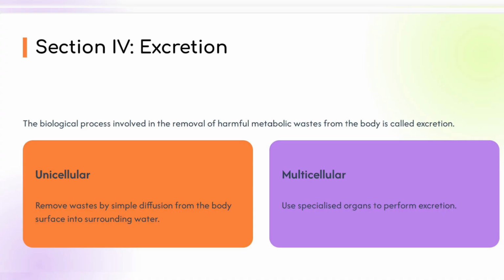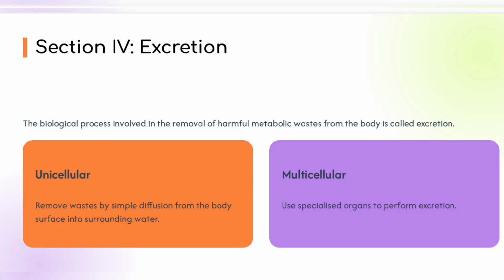And in multicellular organisms, like humans, special organs are needed for excretion because the body is large and complex. The main waste product in humans is urea, which is formed from the breakdown of proteins. If these wastes are not removed, they become poisonous for the body.